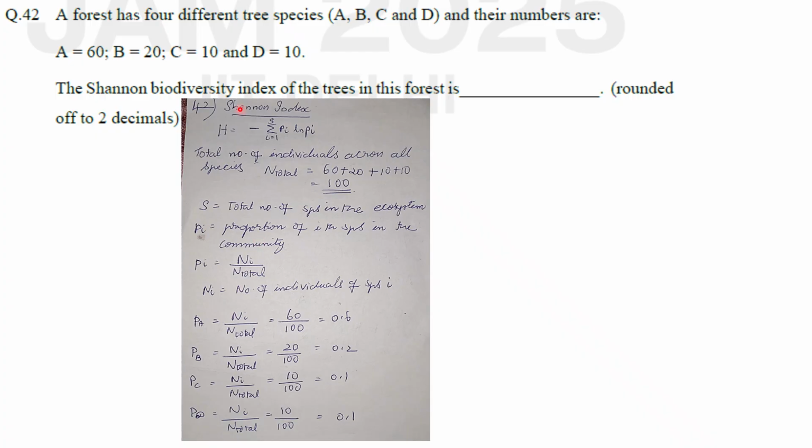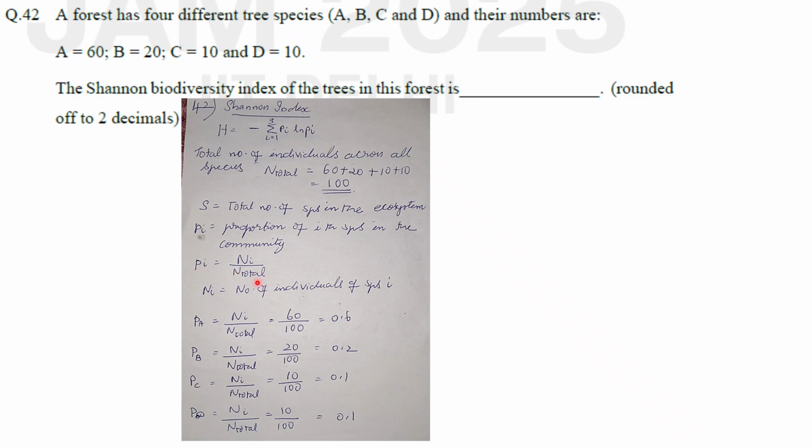Then Pi, it is the proportion of the species in the community. That is species A, B, C and D. I made a mistake by telling it is community. So proportion of species in A, B, C and D. So A species, it is 60 numbers. So you have to calculate Pi.